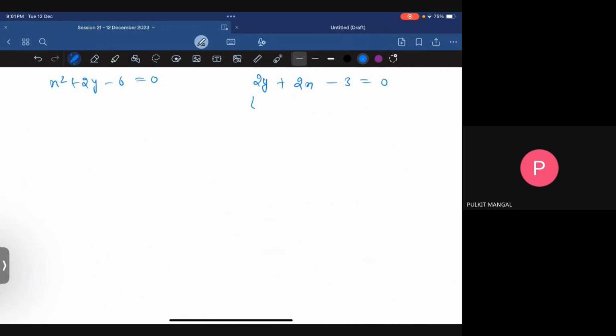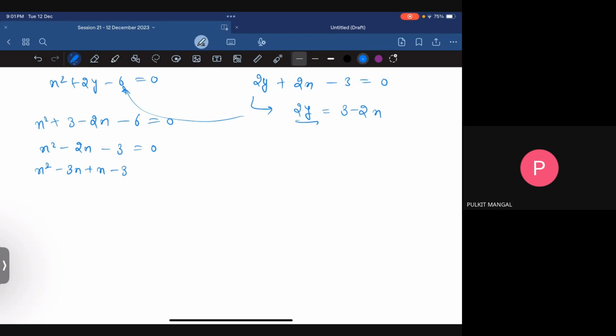Now from here, if I choose 2y equal to 3 minus 2x and put this value of 2y in the first equation, I get x square plus 3 minus 2x minus 6 equal to 0. x square minus 2x minus 3 is equal to 0. This is simple factorization, right? So x equal to 3 or negative 1.